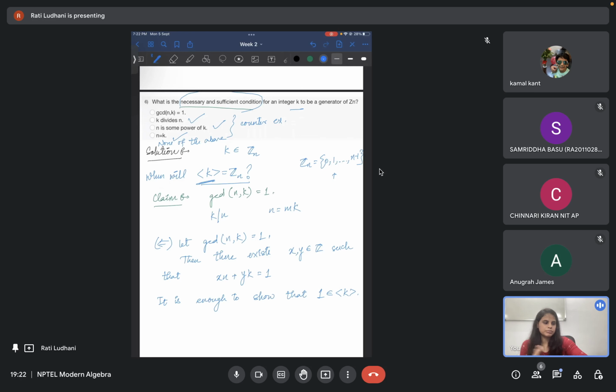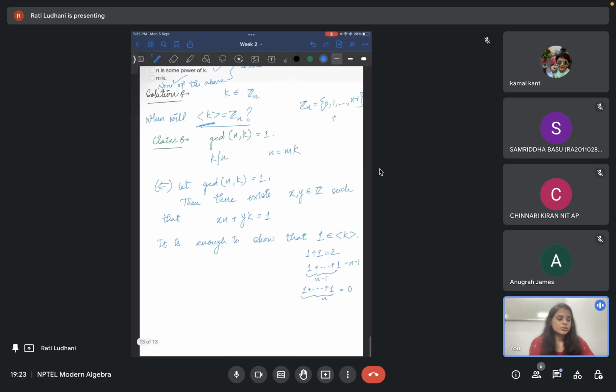Full Zn you will have, because if 1 is there, then 1 plus 1 is there, and you can go up to n minus 1. These are n minus 1 elements, and you will get n minus 1. And if you add 1 again, like n elements, then you will get 0, because this is mod n. So it is enough to have 1 here.